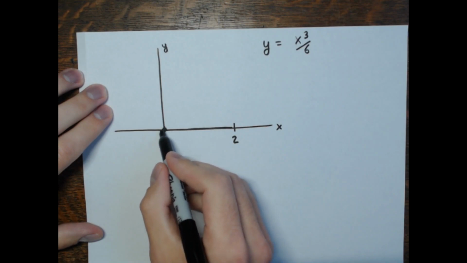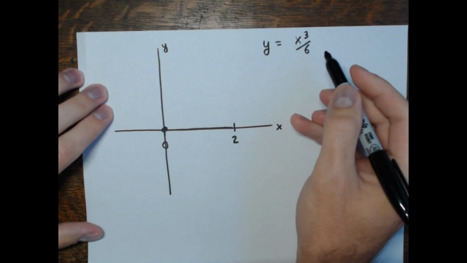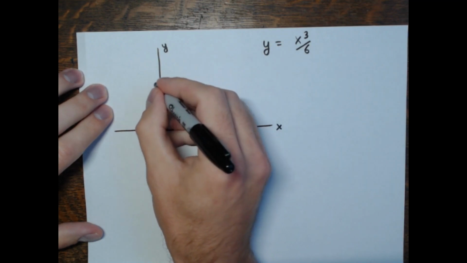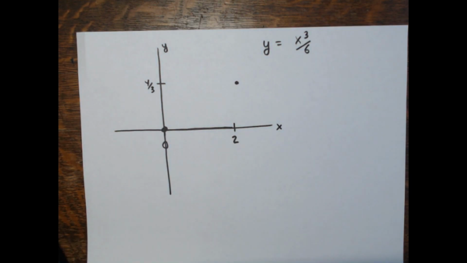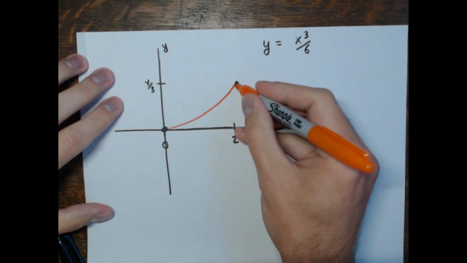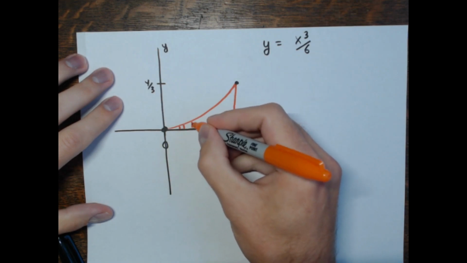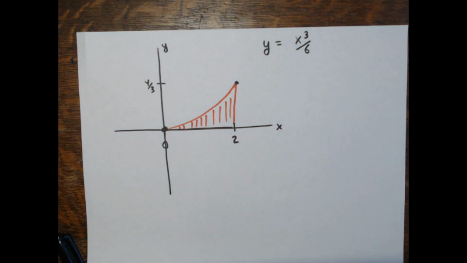Now 0, 0 would be on this graph, and 2, and then 8, 2 cubed is 8, 8 over 6, this 4/3. 4/3 up here somewhere is on the graph, and it's just part of a cubic. It's this thing here, and we're just over this interval to the x-axis, right? So there's the region that we're rotating.